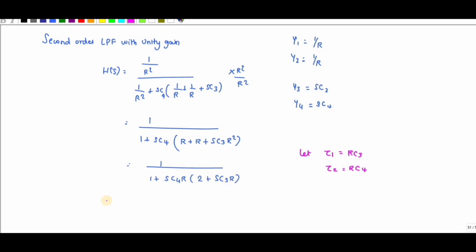So here, if I write it in terms of H of j omega, I will get C4R plus 2 plus j omega C3R.